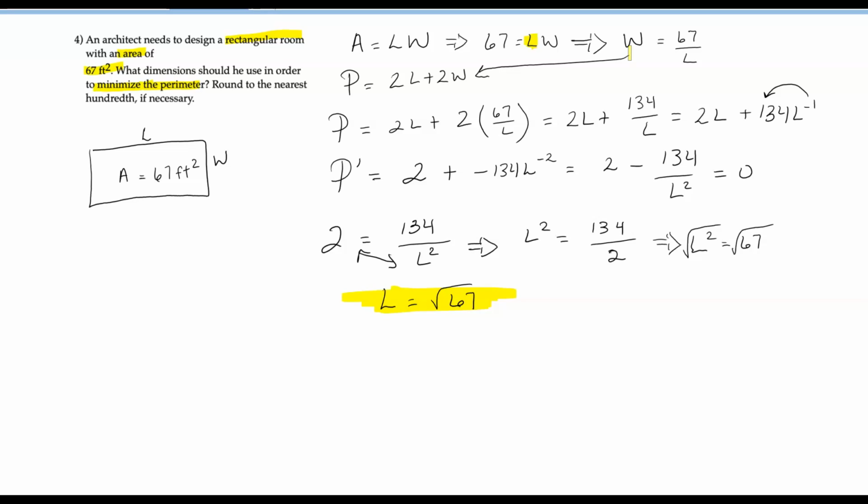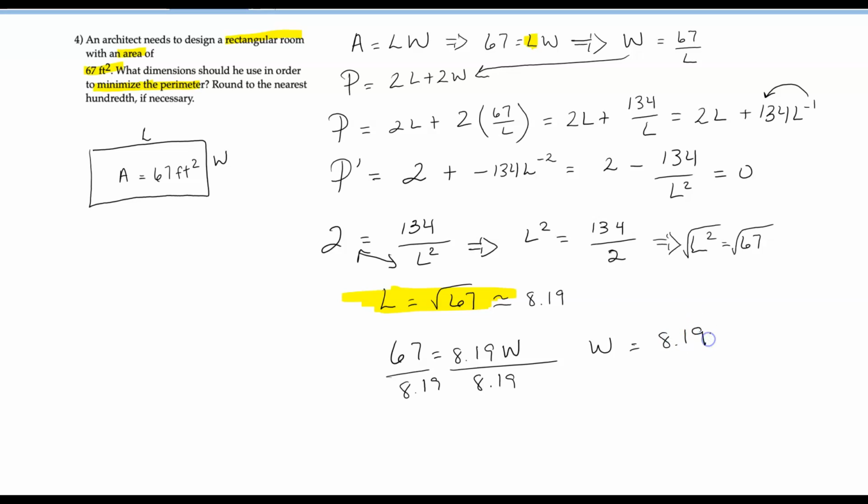Okay, so in that case, we could do something simple. We could just take the square root. It's something like 8.19. All right, but now that you've found that, you say 67 equals 8.19 times W. You divide both sides by 8.19, and you get W equal to 8.19.